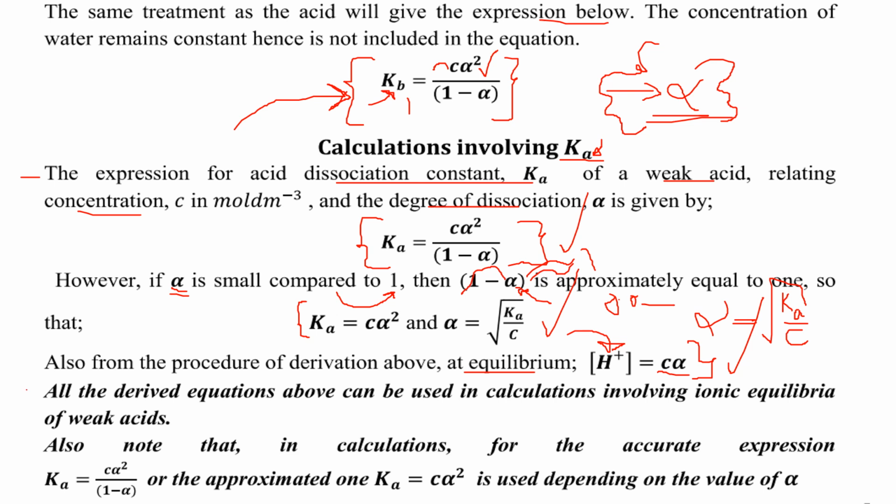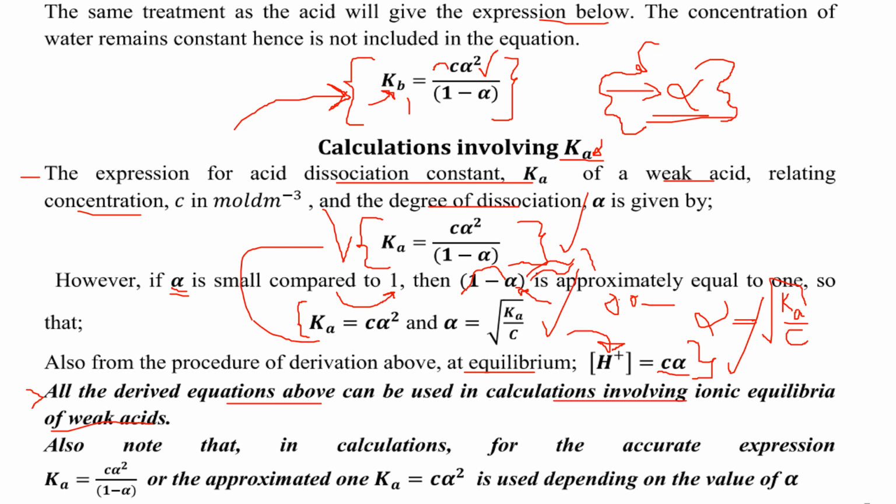Now continuing, all the derived equations above can be used in calculations involving ionic equilibria of weak acids. Also note that I've given you two expressions for calculating Ka. There's this one and this one. But for articulate expressions, you are advised to always use this formula.